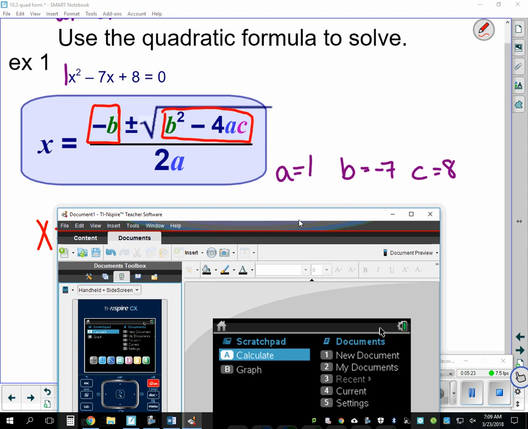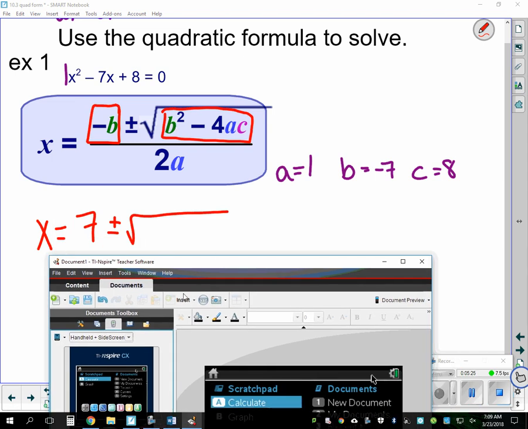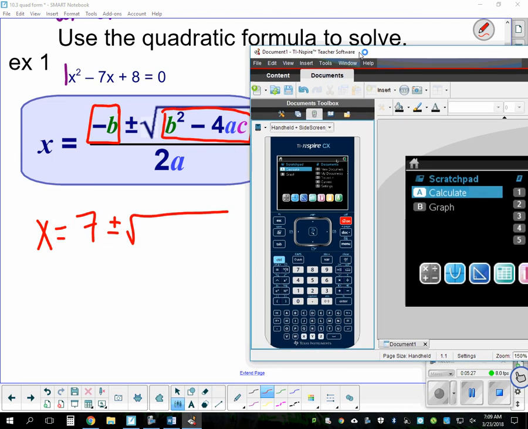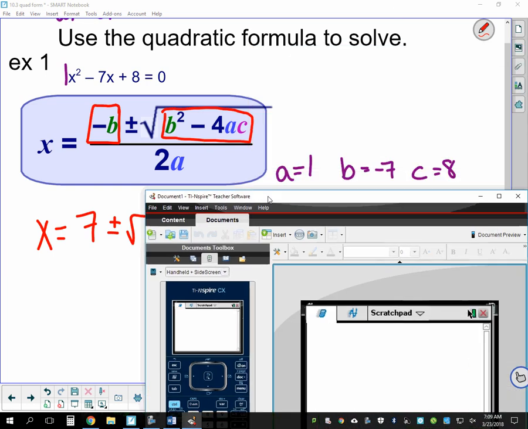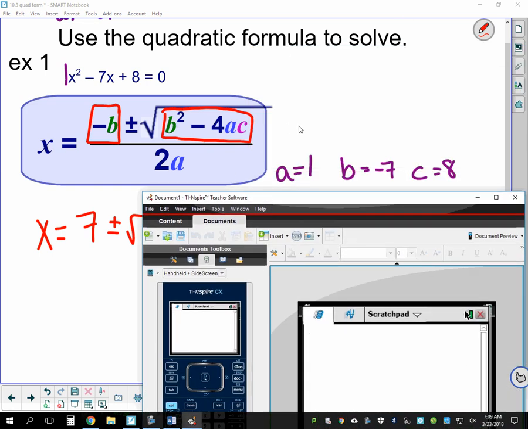Okay, and I'm bringing up my calculator here to help me calculate this b squared minus 4ac. So on my calculator screen, I'm going to calculate b squared minus 4ac. Now I'm going to show you the wrong way first.